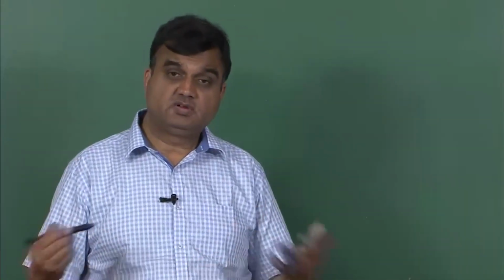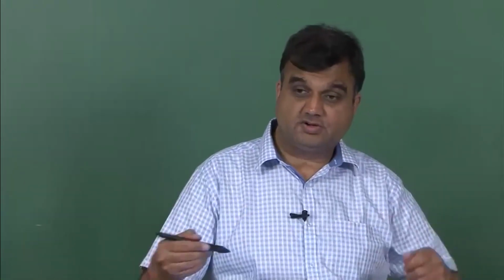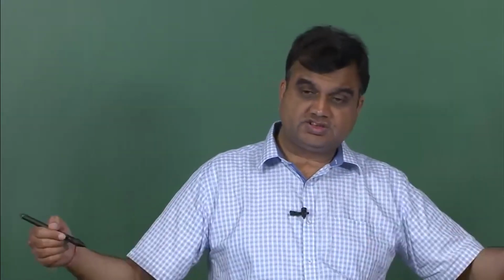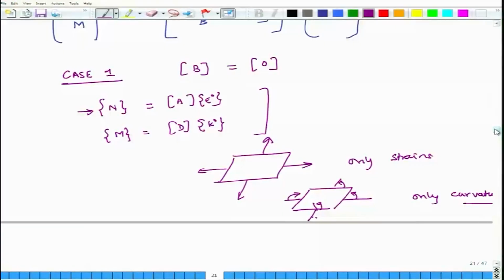In a lot of systems made up of isotropic materials, this is actually the case, where the B matrix is 0, and so extensional forces only generate strains and moments only generate curvatures, and vice versa. So, this is something important to understand.